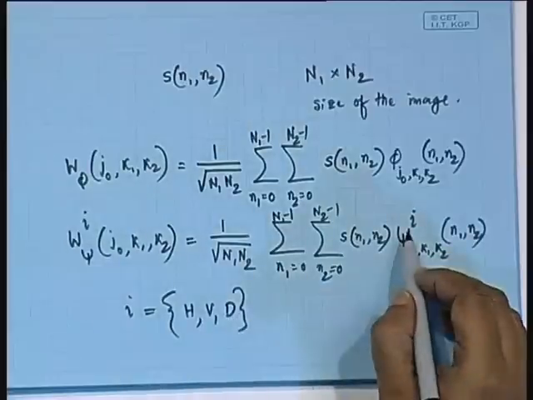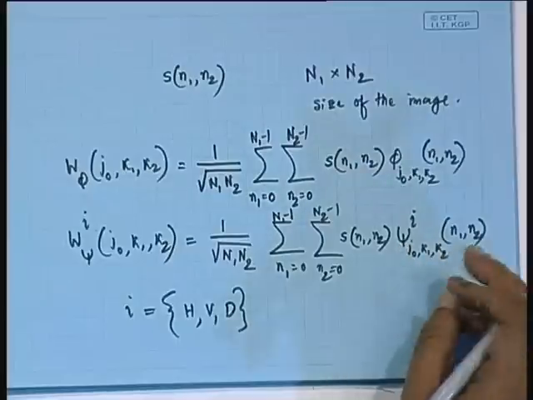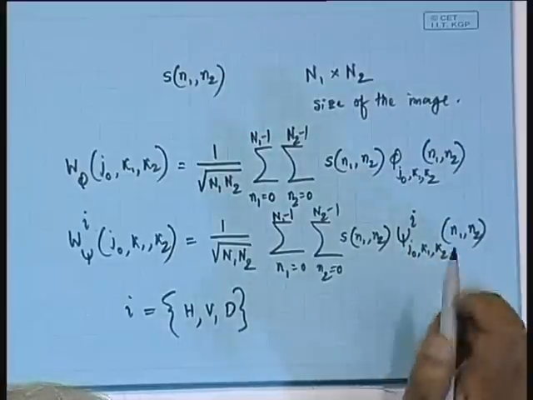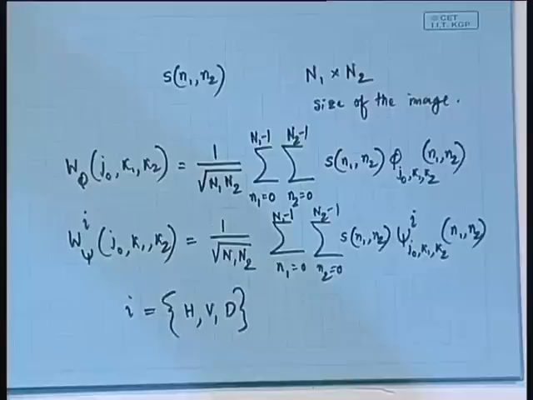So, accordingly we have to apply the filter, that is to say that when we talk of psi H, essentially psi H will mean that it will contain a low pass filter along the columns and it will contain high pass filter along the rows.